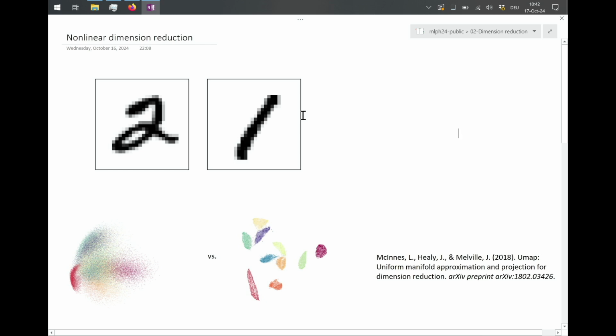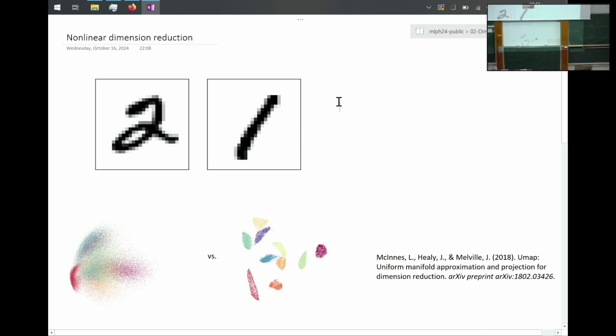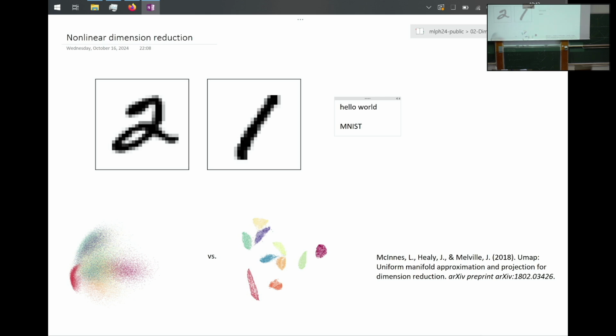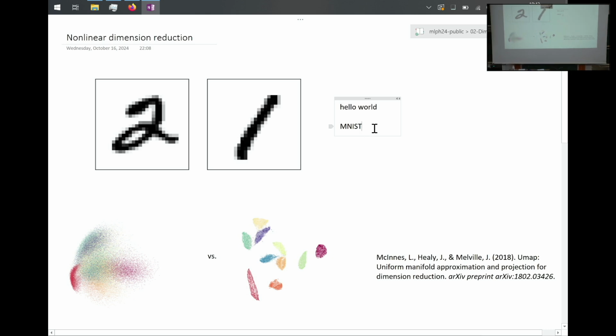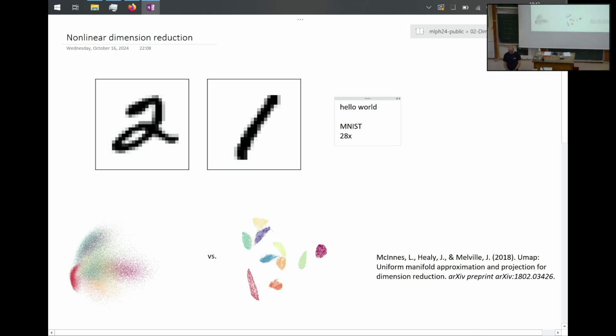And I'm here showing you the hello world of machine learning, which is a data set called MNIST. And MNIST are pictures of characters, of digits. So we have 10 classes, and MNIST are these 28 by 28 pictures.